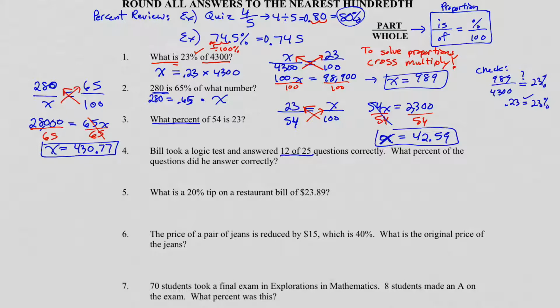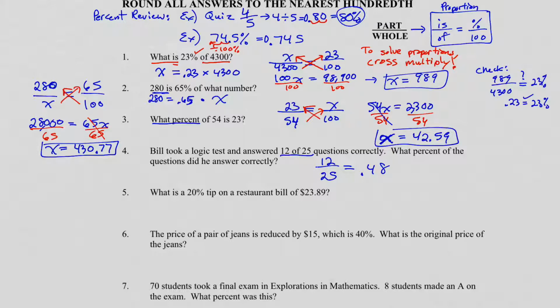So Bill got 12 out of 25 answered correctly. So we don't really have to do the proportion if we don't want to, because this is just a regular convert a fraction. Okay, 12 questions out of 25 into a decimal. So we're going to get 0.48. As you can see, he did not pass.